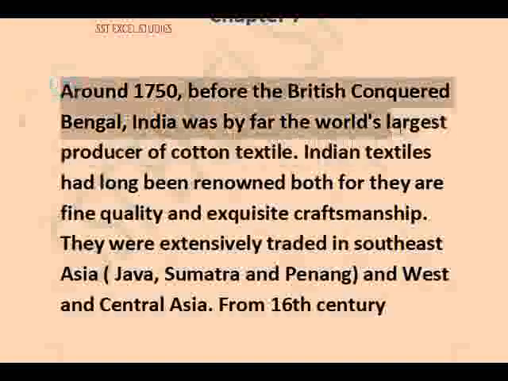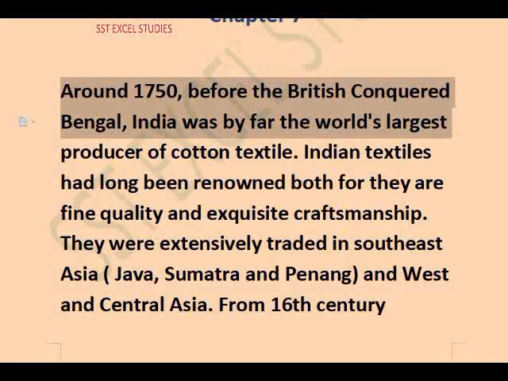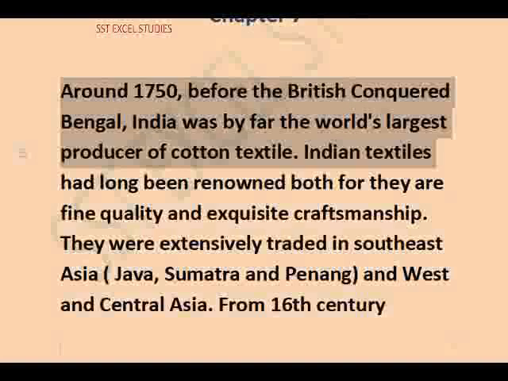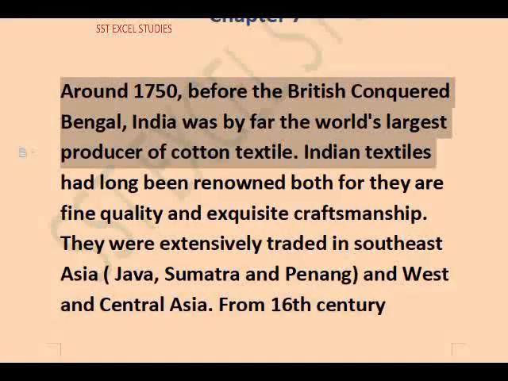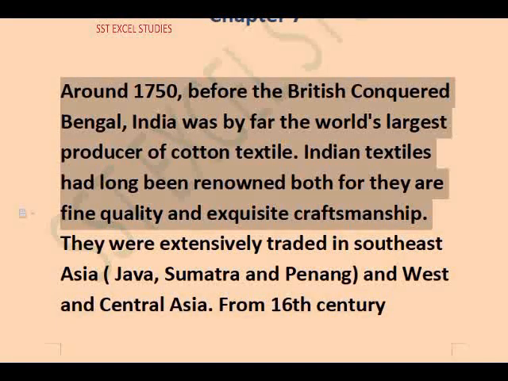Before the British conquered Bengal, India was by far the world's largest producer of cotton textile. Clear? Indian textiles had long been renowned both for their fine quality and exquisite craftsmanship.